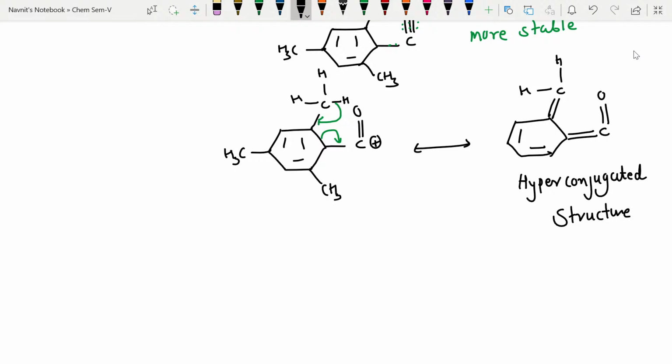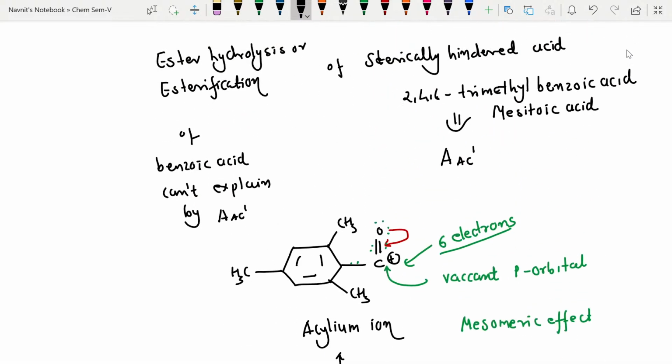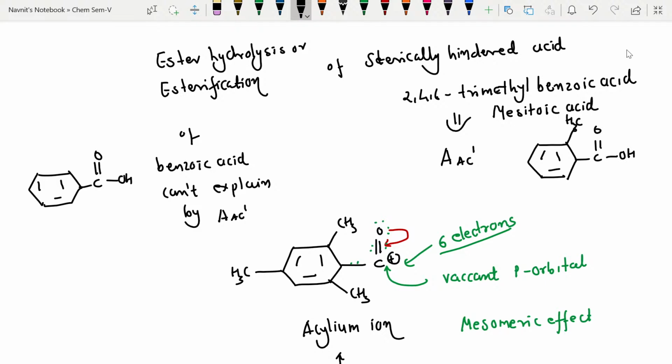And this hyperconjugated structure is not possible in case of benzoic acid. If I draw the structure of benzoic acid, this is the structure of benzoic acid. Similar to this, this is the structure of m-toluic acid. So the point of comparison between the benzoic acid and the toluic acid is the methyl groups.